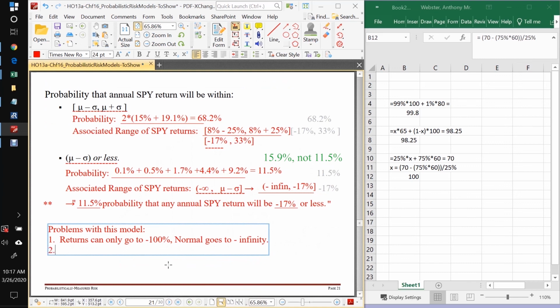Okay, and the second thing is, remember our foundational assumption? We assumed future returns will look like past returns. And that's not necessarily so. That's maybe a reasonable assumption for something like all the stocks in the S&P 500.